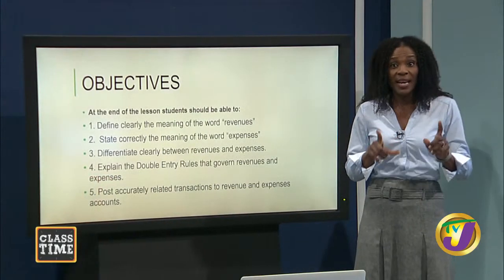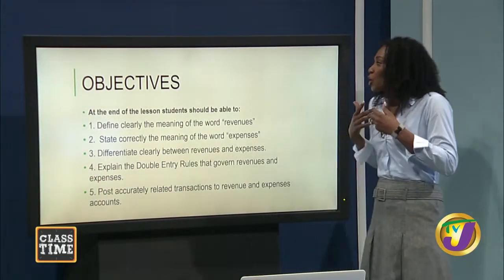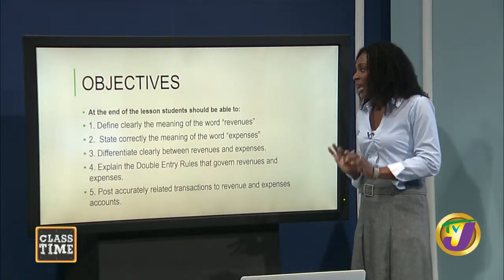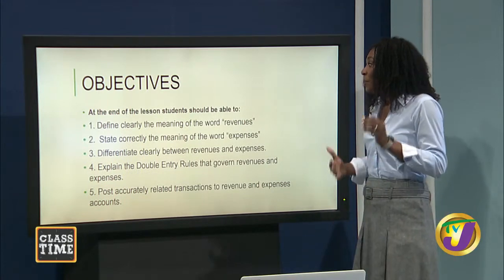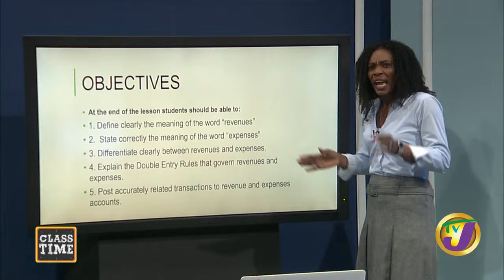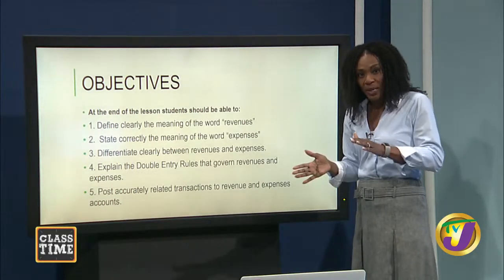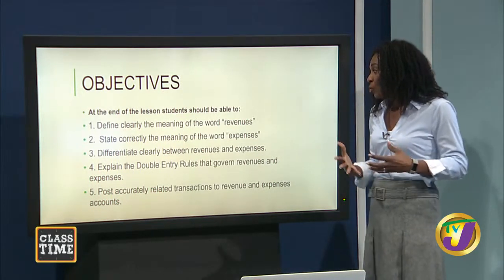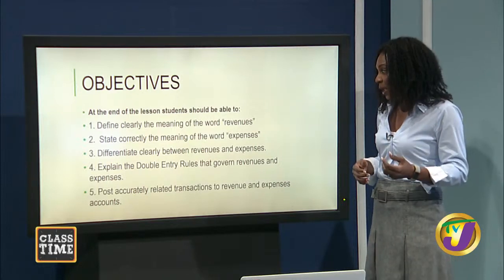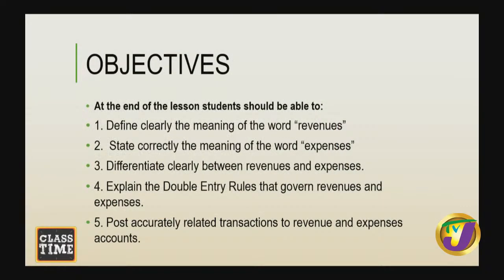At the end of the lesson, students, you should be able to define clearly the meaning of the word revenues, state correctly the meaning of the word expenses, differentiate clearly between revenues and expenses, explain the double entry rules that govern revenues and expenses, and last but not least, post accurately related transactions to revenue and expenses accounts. Sounds practical? Well, let's go.